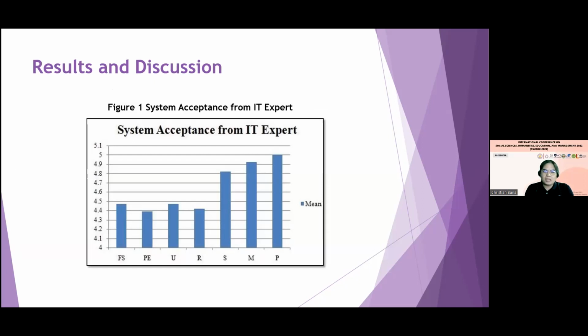Performance efficiency is evaluated at 4.39, which represents the performance relative to the amount of resources used under stated conditions. Usability is evaluated at 4.47, which indicates that the product or system can be used by specified users to achieve specified goals with effectiveness, efficiency, and satisfaction in a specified context of use. Reliability is 4.42.